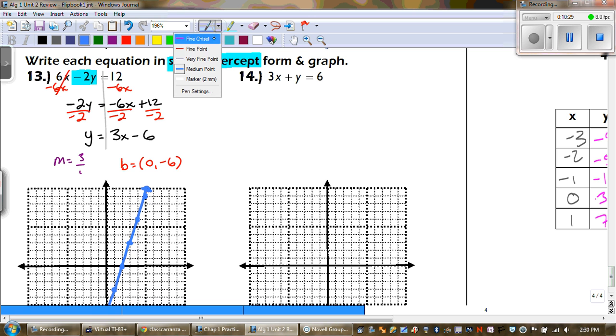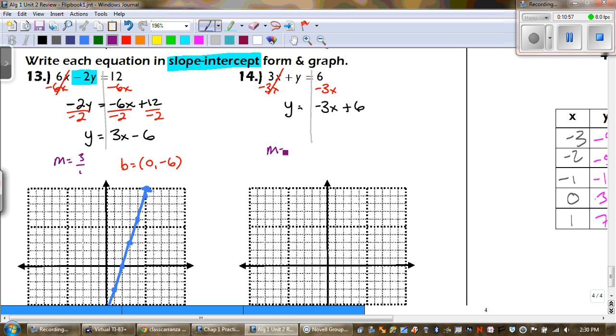Now, if you think you can do this one all on your own, just pause the video. Everybody else, let's go ahead and do this. So we want to get rid of the x, and then we get y equals negative 3x plus 6. Now, I want you to pause the video and graph it all on your own, okay?